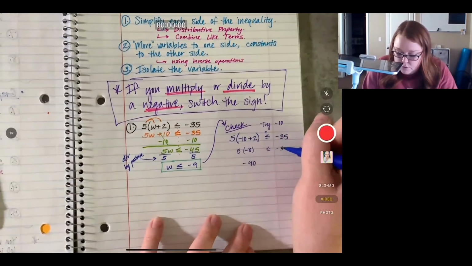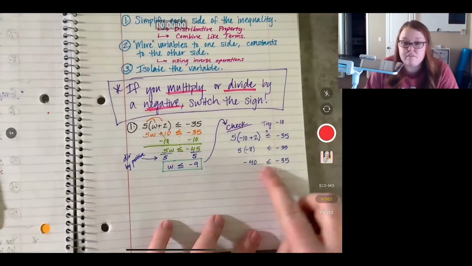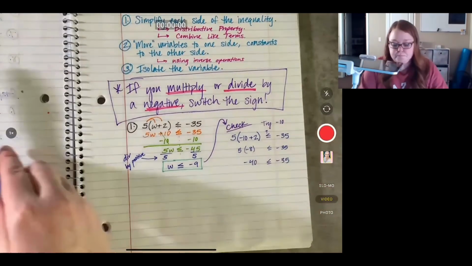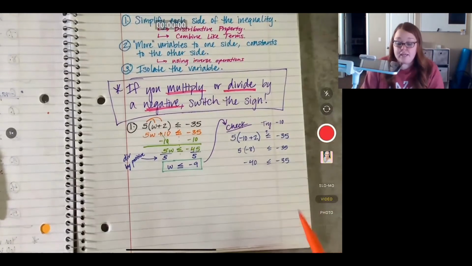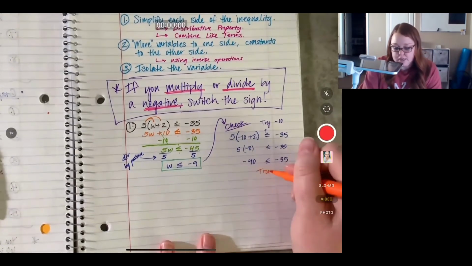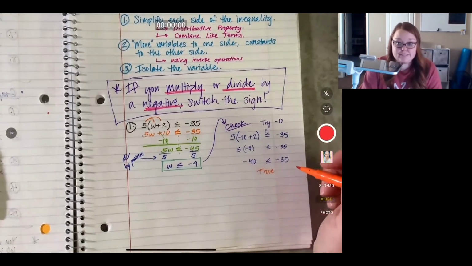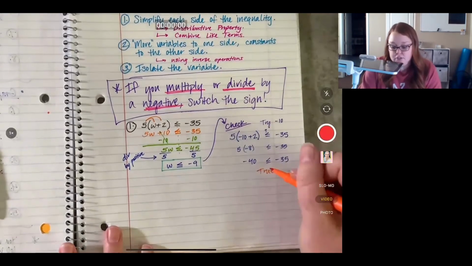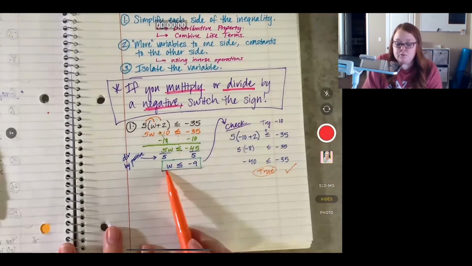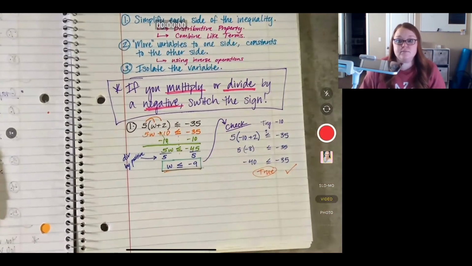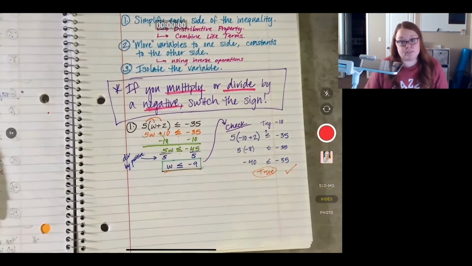Okay, so if we drop this down every step of the way, which technically we should, we would have this statement at the bottom. Negative 40 is less than or equal to negative 35. Now that is true. Negative 40 is less than negative 35. So since that's true, we know our symbol over here is correct. That's how you check this symbol, basically.